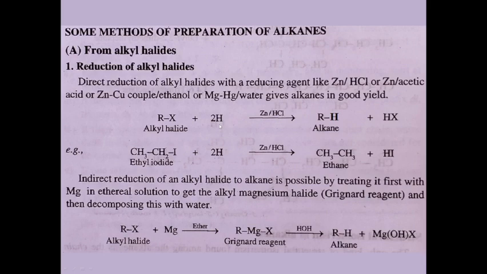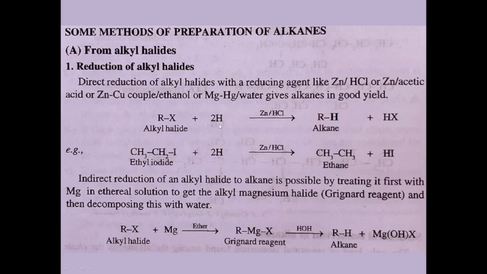In the previous method, it was not giving higher alkanes, there was no addition of any carbon atom along with the alkyl halide. But in this case, there is a step-up reaction, so more carbon atoms are possible in the product. Higher alkanes can be prepared by this method using alkyl halide and sodium metal in dry ether.